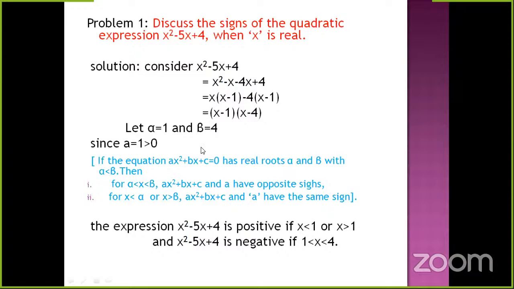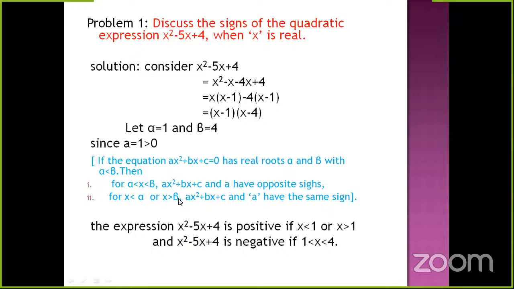So here the roots of the quadratic expression are real and distinct. So we can apply the third theorem concept here. Since a is equal to, what is the coefficient of x square? That is 1, which is positive. So I can apply this condition: if the equation has real roots alpha and beta with alpha less than beta, then for alpha less than x less than beta, the expression and a will have opposite signs.